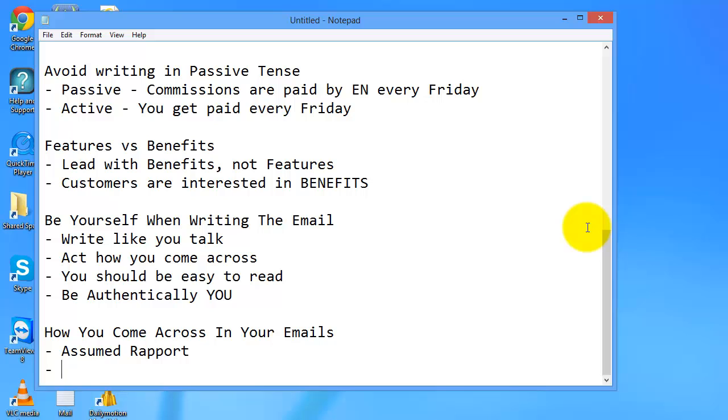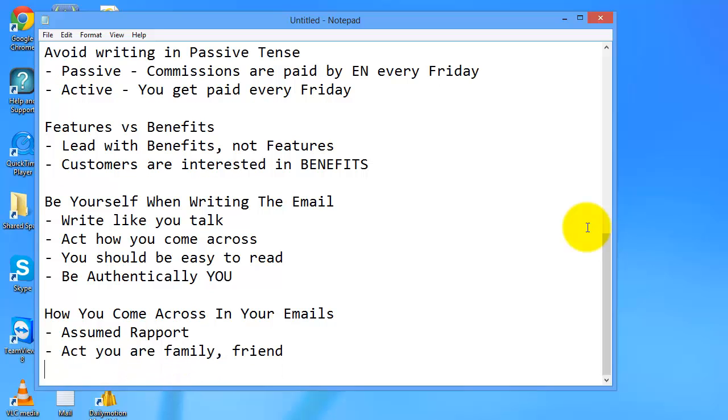And always act like you are family, you are a friend, right? You are a well wisher, and not somebody who is trying to scheme them into something, or is more interested in their money, because this industry is not about that anyhow. Because we, here in Empower Network as a community, and in the internet marketing industry, if you want to be successful, see, if you are fake, people can see through you. You cannot act fake for too long. Maybe in the beginning, 1 month, 2 months, or maybe 6 months, not more than that, right?